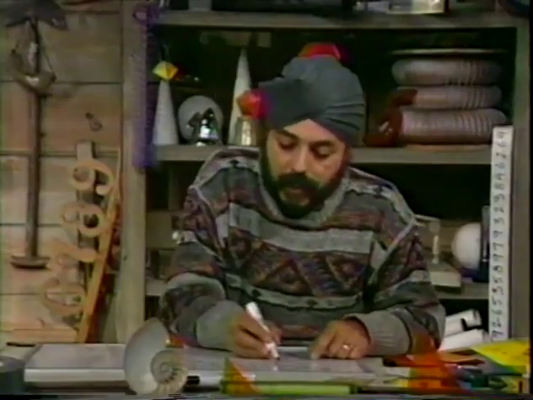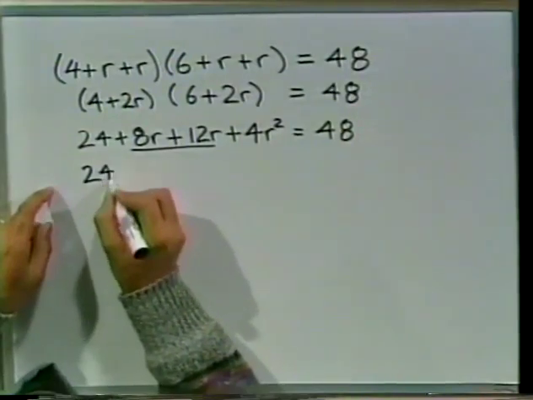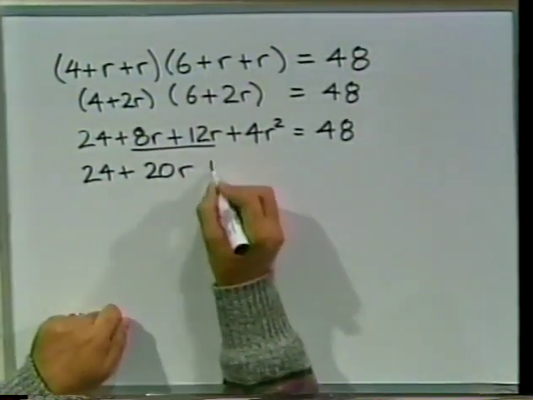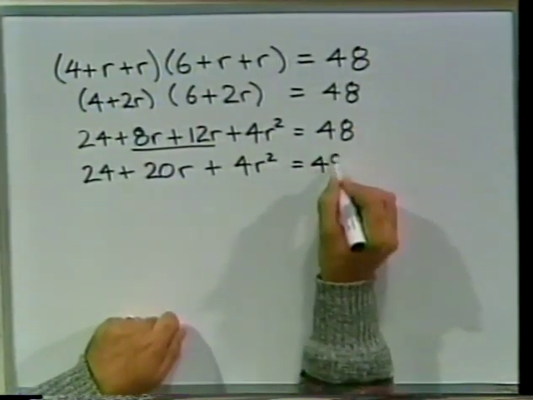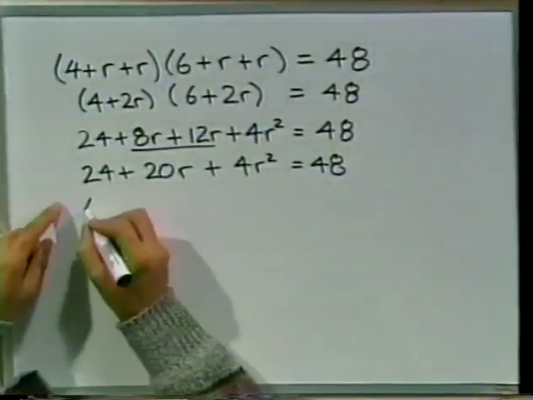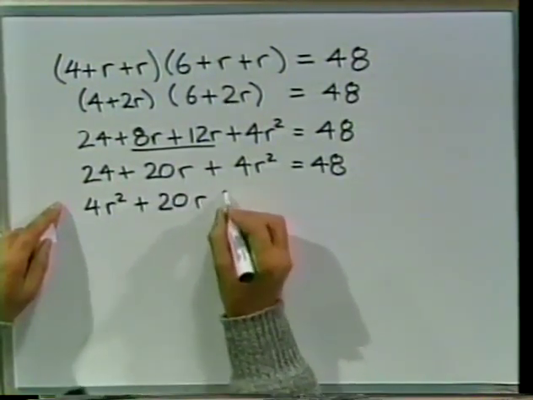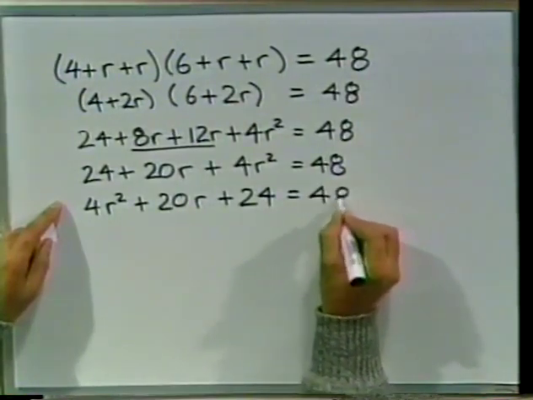Now, I can add the 8r and the 12r, giving me 24 plus 20r plus 4r squared equals 48. And then I'll rearrange the expression so it is in the proper order: 4r squared plus 20r plus 24 is equal to 48.